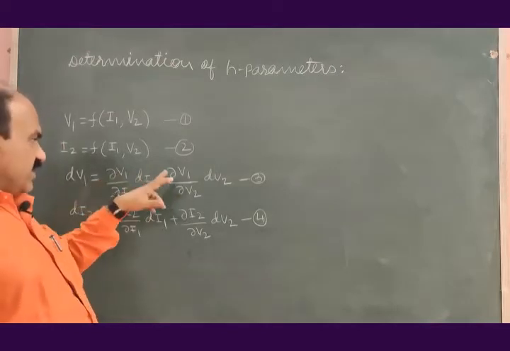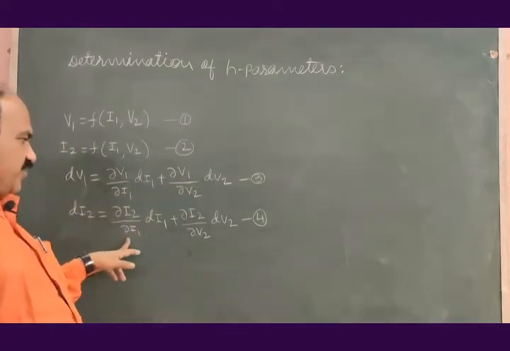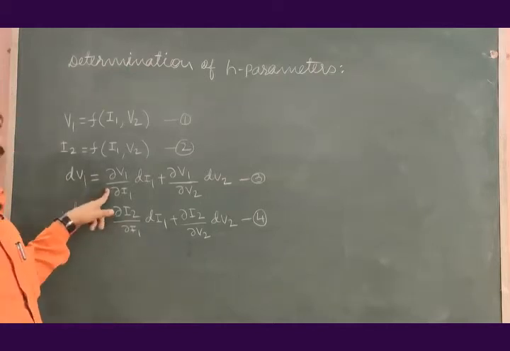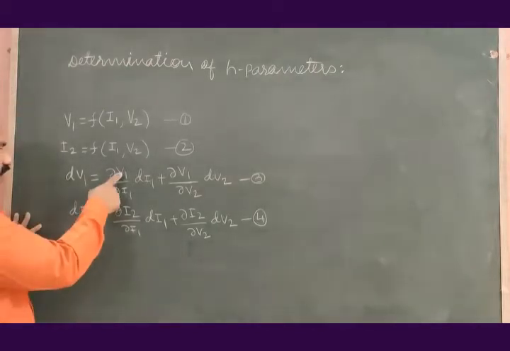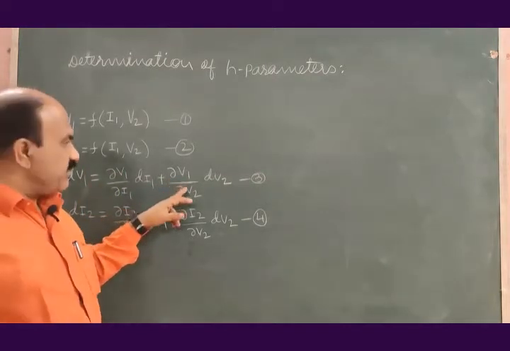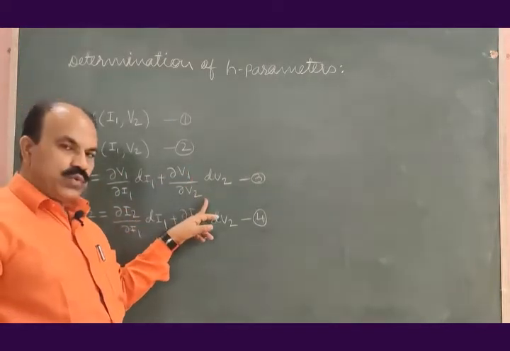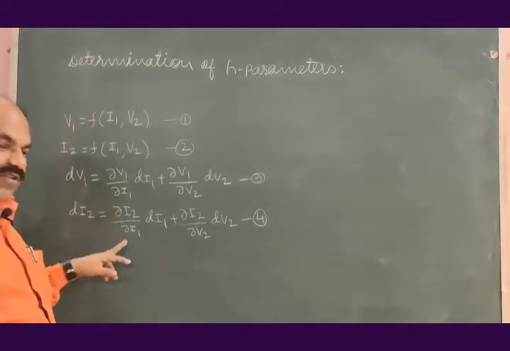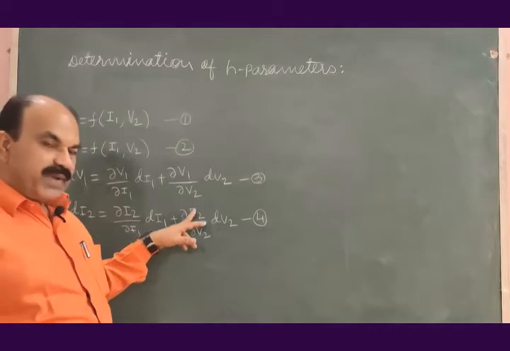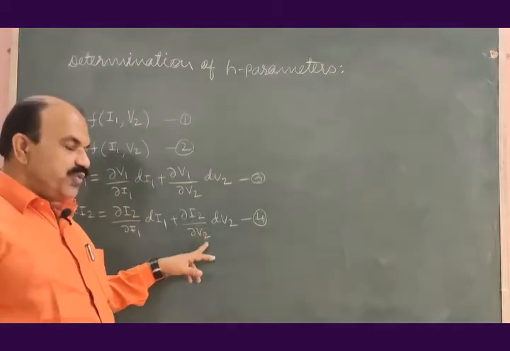So this should be constant, this should be constant, this should be constant, this should be constant. Let us replace this constant by H11, this constant by H12, this constant by H21, and this constant by H22.